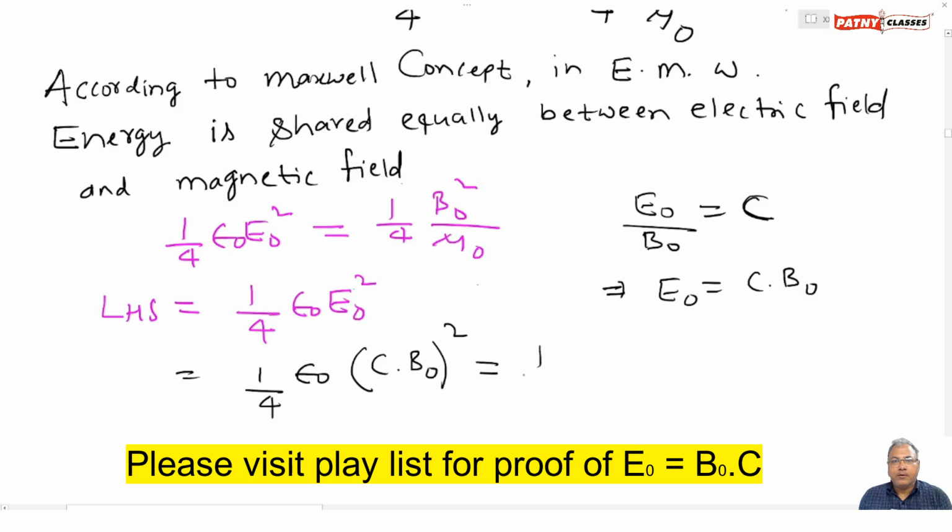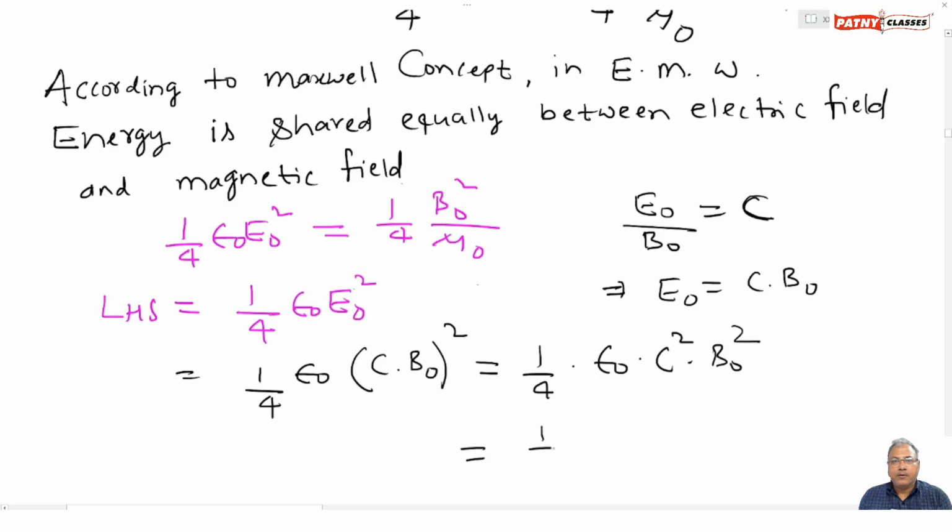This equals 1 upon 4 epsilon naught C square multiplied by B naught square. This can be written as 1 upon 4 epsilon naught into C square into B naught square.